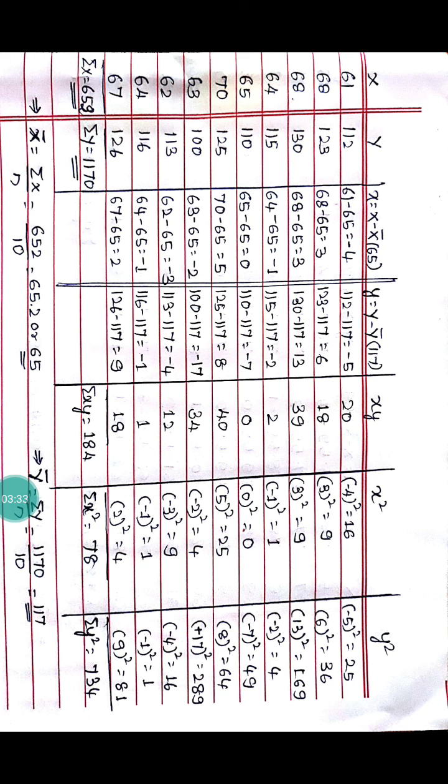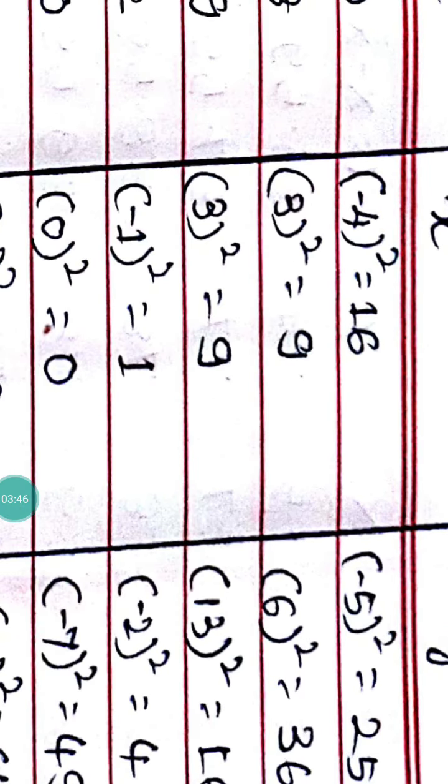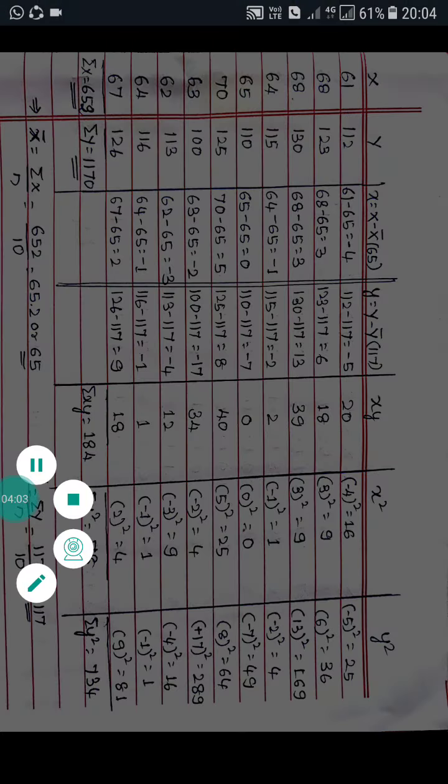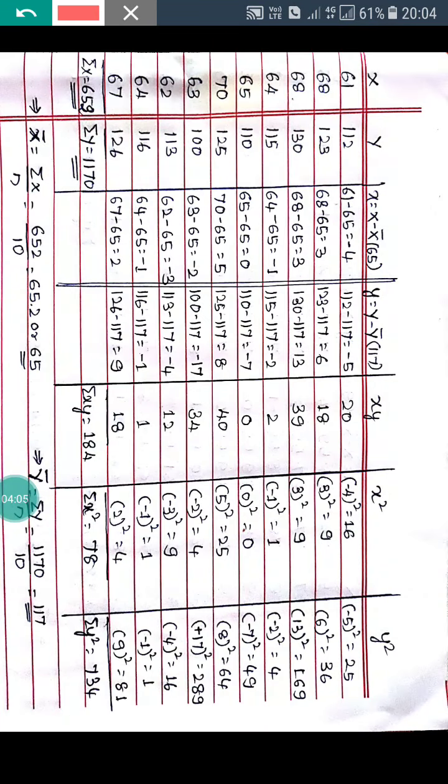Now come to the y bar value. The y bar formula is y bar equals summation y divided by n. Summation y is 1170 divided by n, which is 10, so the y bar value is 117.